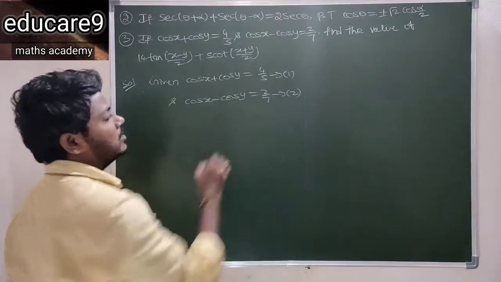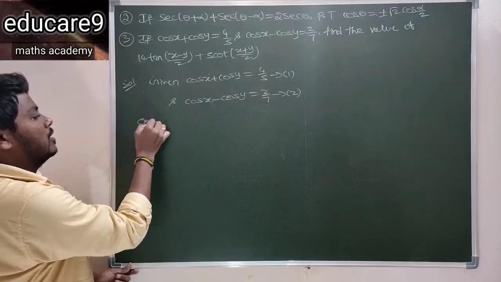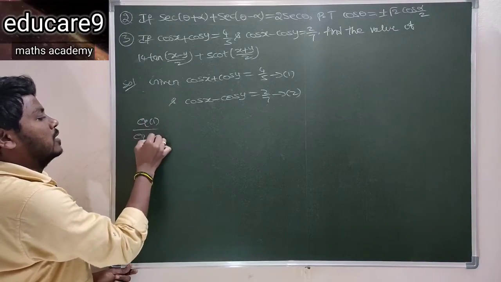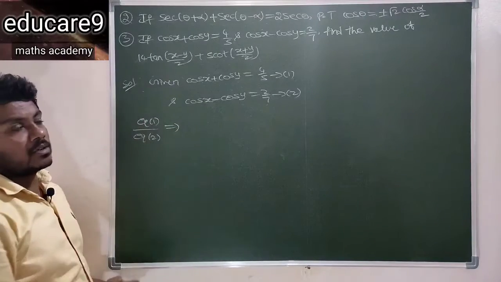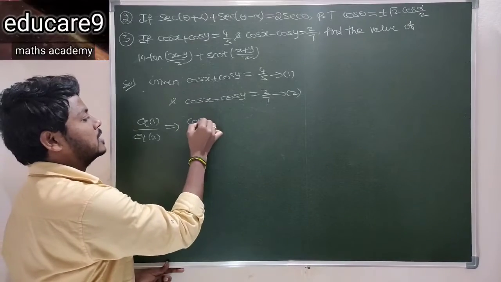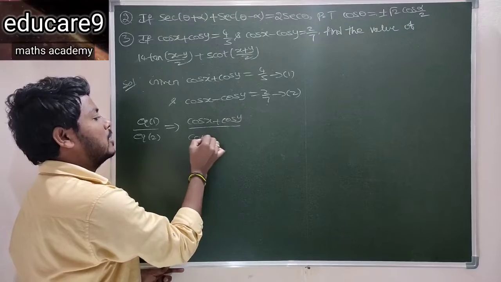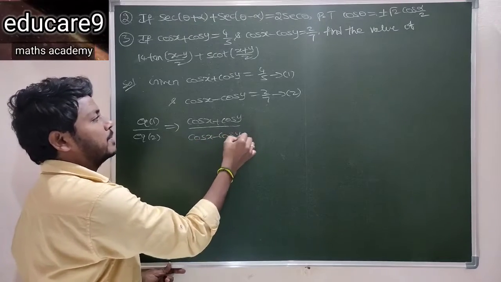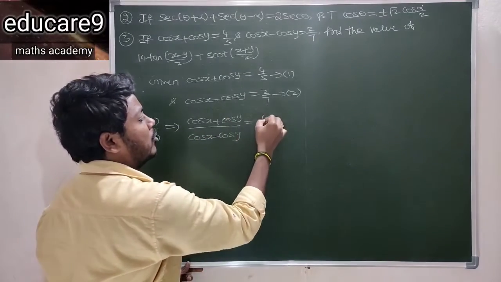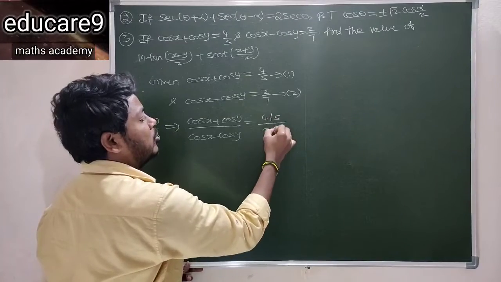This is equation 2. See here, equation 1 by equation 2. So here what you get: cos x plus cos y divided by cos x minus cos y, which is 4 by 5 divided by 2 by 7.